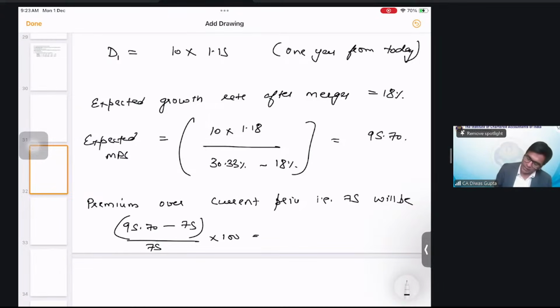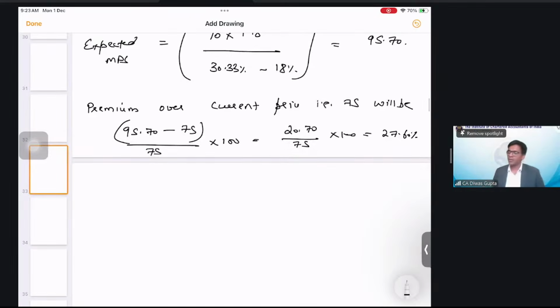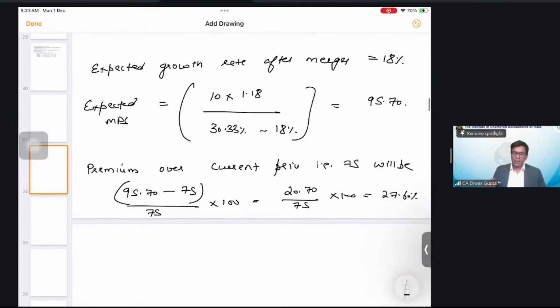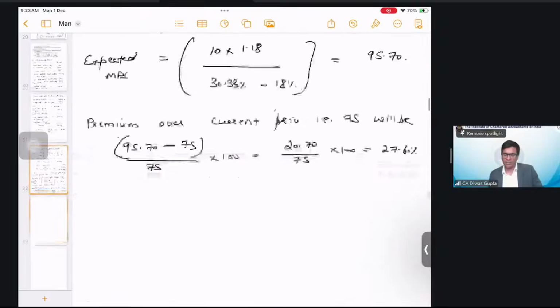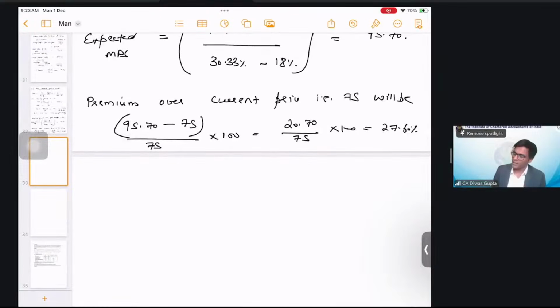So this is 20.70 divided by 75 into 100, which is equal to 27.60 students. Clear? So 27.60 becomes the premium that they can give.